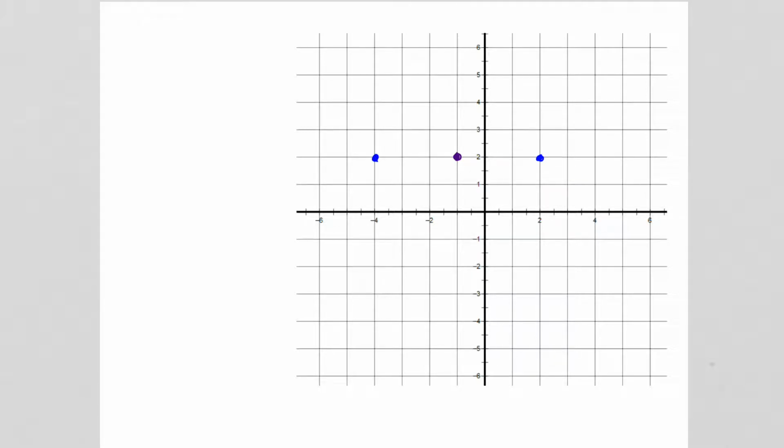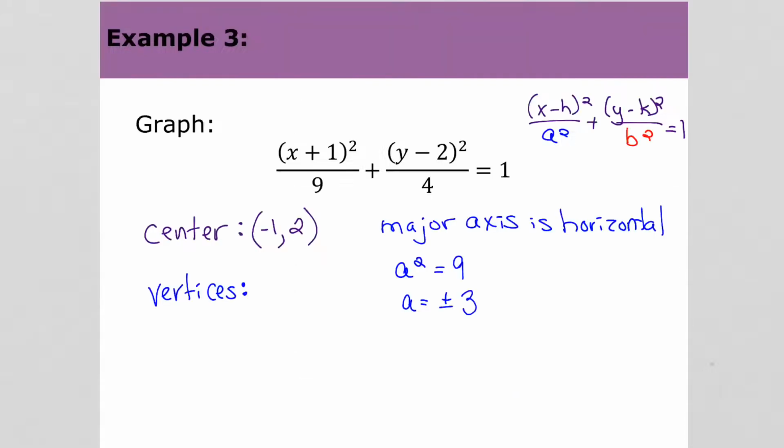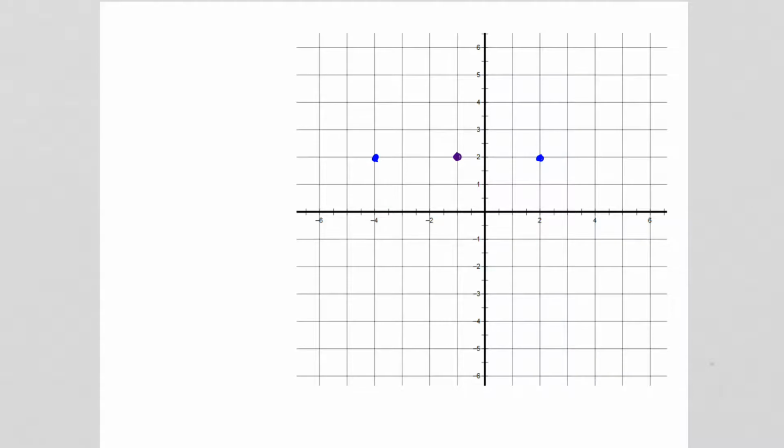Now I don't have to worry about those formulas, remembering what's h minus whatever and all that stuff. I can just look at my points. So one point is at 2, 2. And the other point is at negative 4, 2.